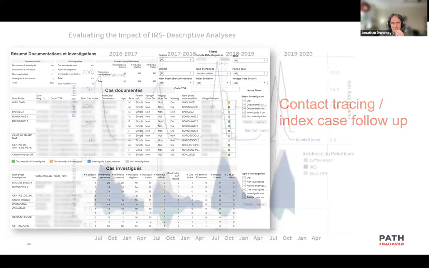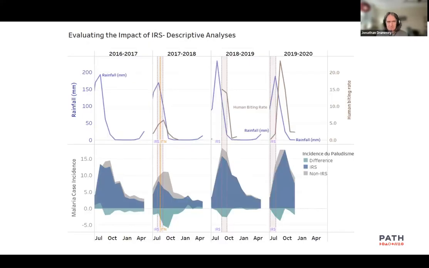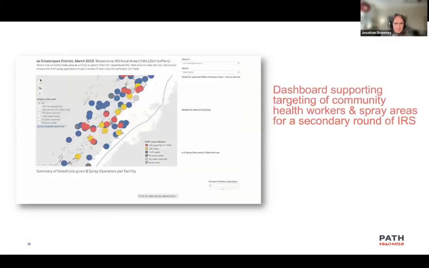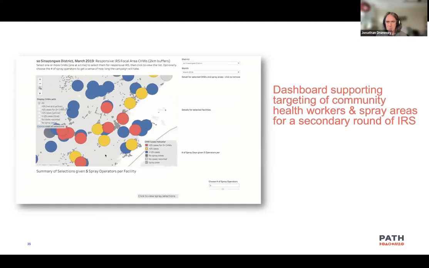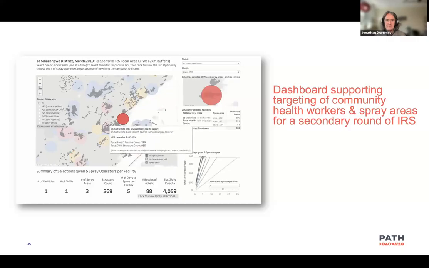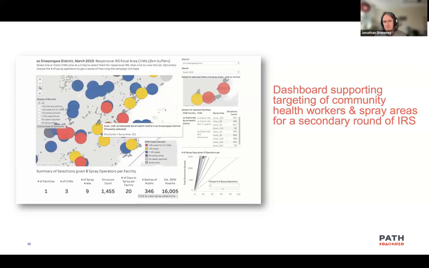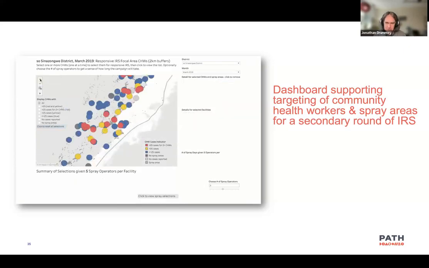And a couple examples here. This was a visualization looking at impact of indoor residual spray. This is a visualization with individual data for doing contact tracing. And then here's another dashboard we built that was helping to identify what community health workers were in areas that had higher incidence rates that we would do a secondary round of indoor residual spray for.